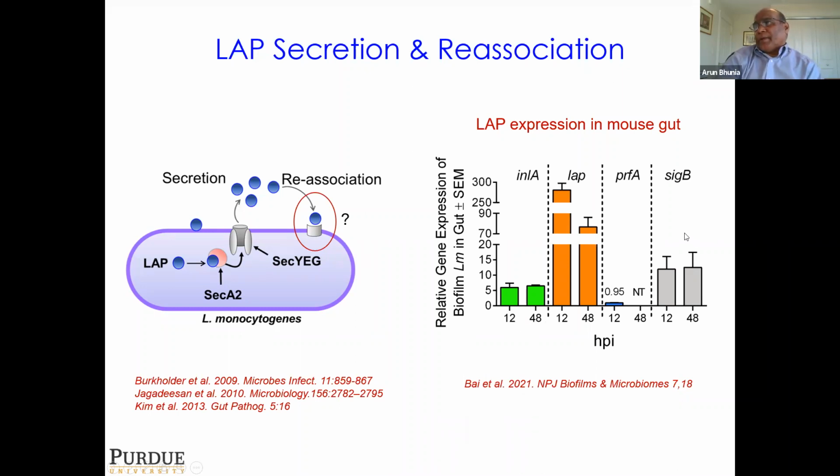PrfA and Hsp60 are regulatory proteins and these are essential, so their expression is also high, though not so much for PrfA. But Hsp60, which is known as a stress regulator, increased. So in the gut environment, these proteins are increased, which tells the story of their involvement in the intestinal phase of infection.